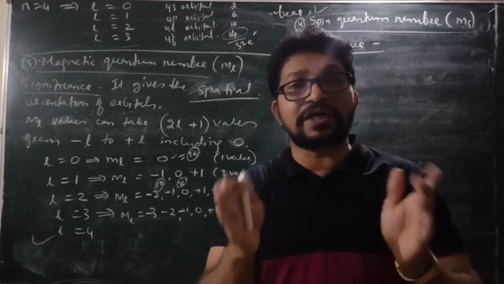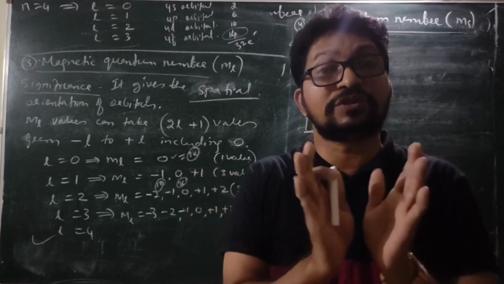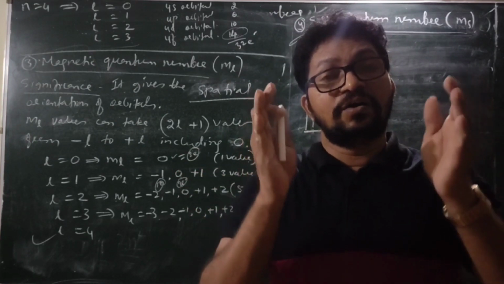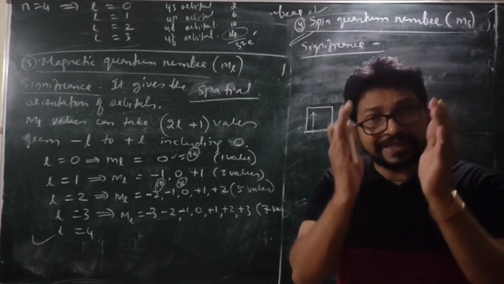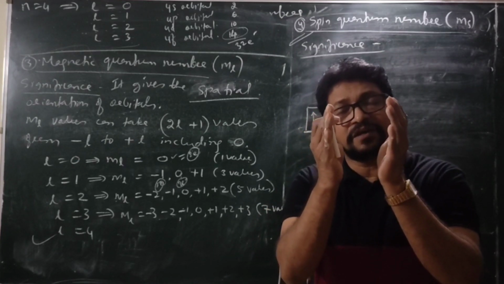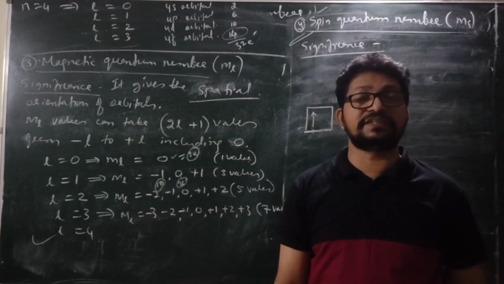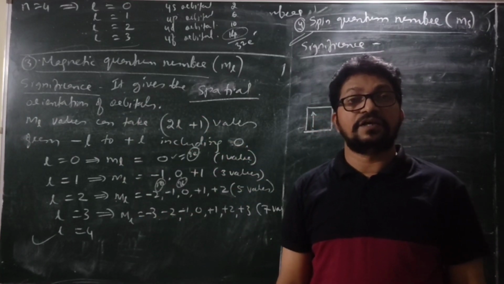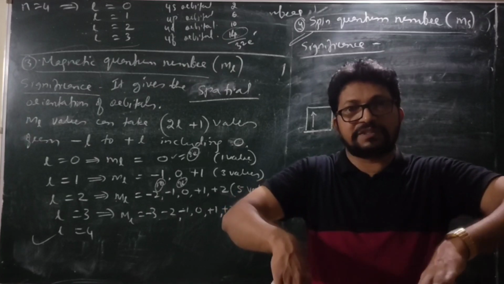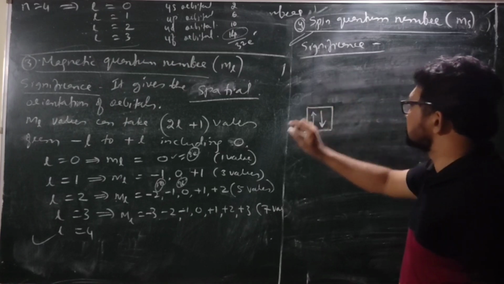See, these two are negatively charged particles. How do you accommodate 2 negatively charged particles in the same orbital? Are they not repelling one another? Then how to manage these 2 electrons? By showing them with opposite spins.